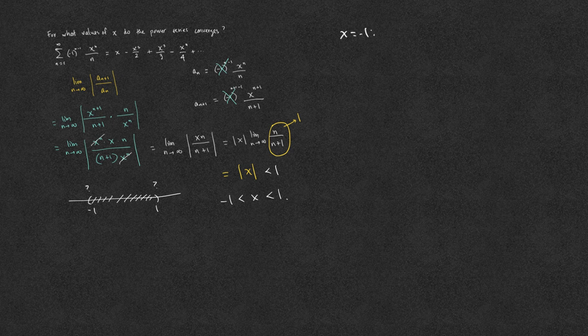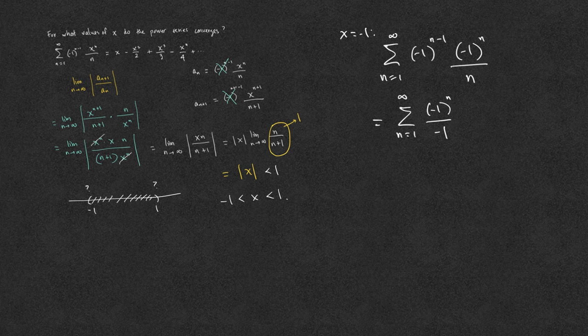When x equals negative 1, we obtain the series as n goes from 1 to infinity of (-1)^(n-1) times (-1)^n over n. We take the given series and simply plug in negative 1 where x is. Simplifying this, we have the series of (-1)^n over negative 1 in the numerator, which is what (-1)^(n-1) is, and the (-1)^n in the numerator, and in the denominator.